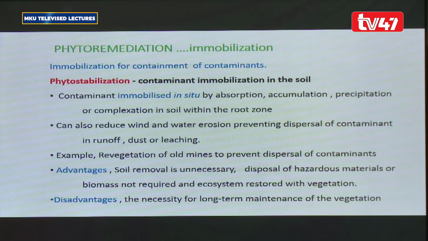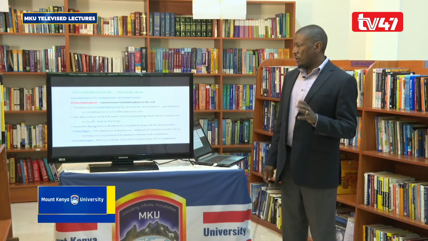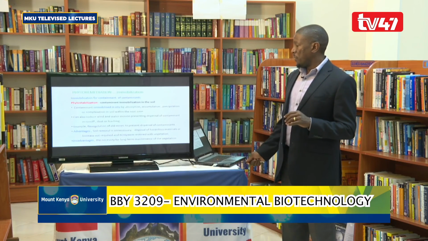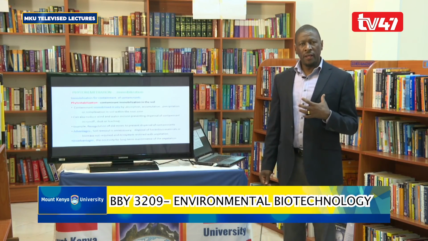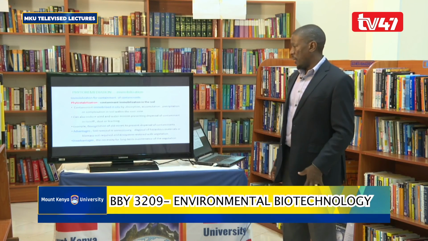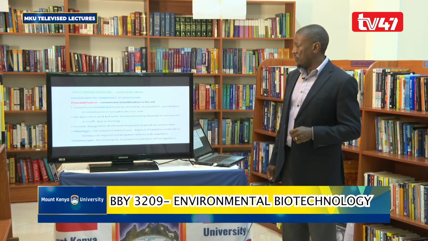Then we have phytostabilization, which is an immobilization technique where the contaminant is immobilized. It may be metabolized or not, but it is stored within the plant. This one requires plants that are able to withstand having the contaminant within them, so we need some special plants to do this.